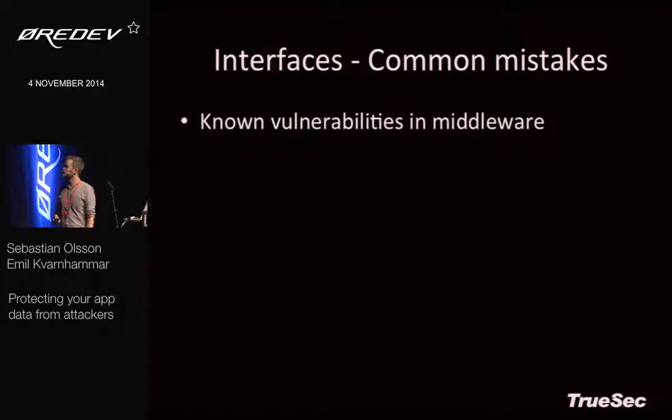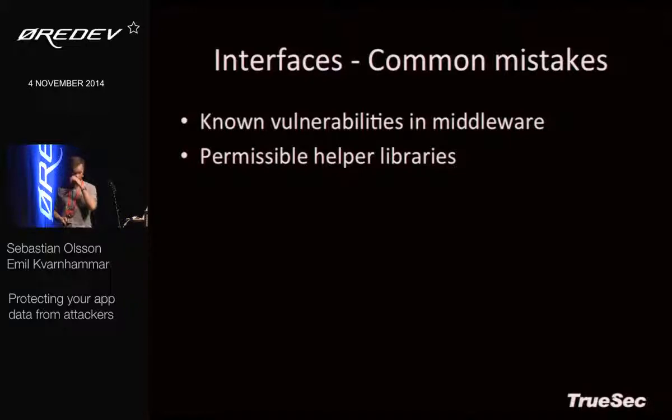Some other common mistakes, we talked about this before and we're going to talk about it again. Known vulnerabilities in middleware. This is just free attack surface, just looking at using old deprecated versions, some special versions that have known vulnerabilities. Using permissive helper libraries is very common.